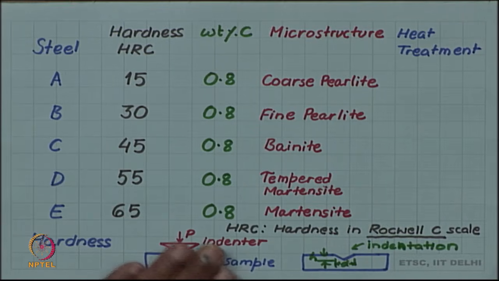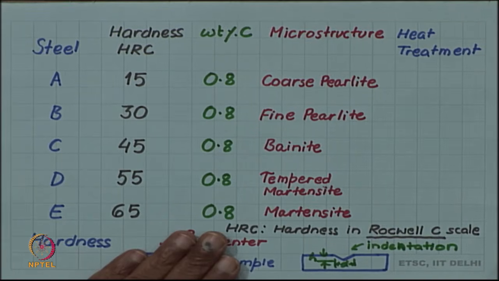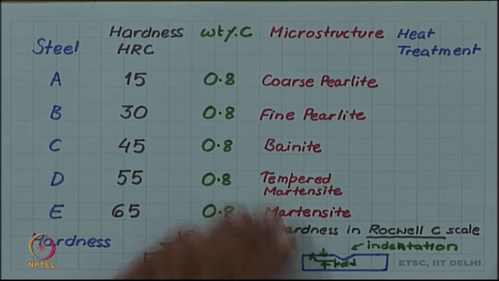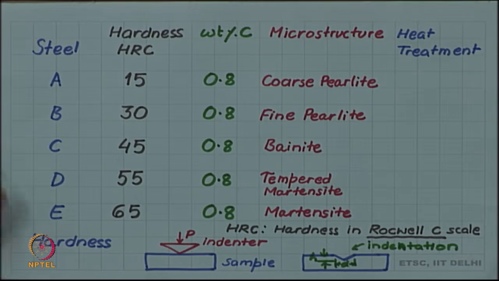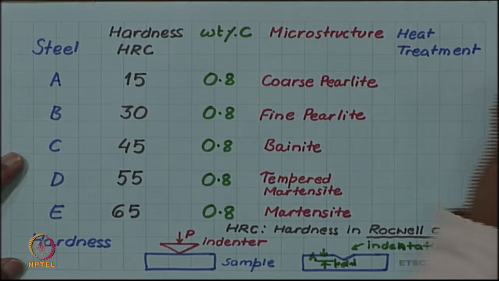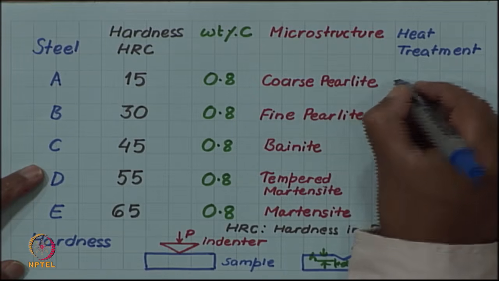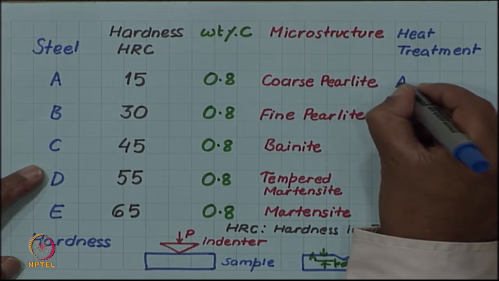So, in the same steel of 0.8% carbon, we are able to produce different microstructures and get different properties, different hardnesses, because we have given different heat treatments. So, coarse pearlite is obtained by a heat treatment called annealing.